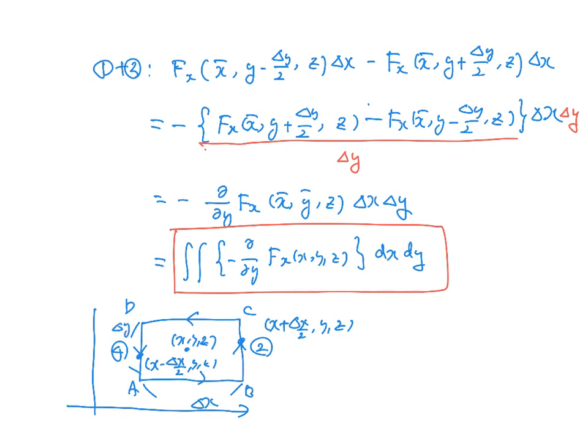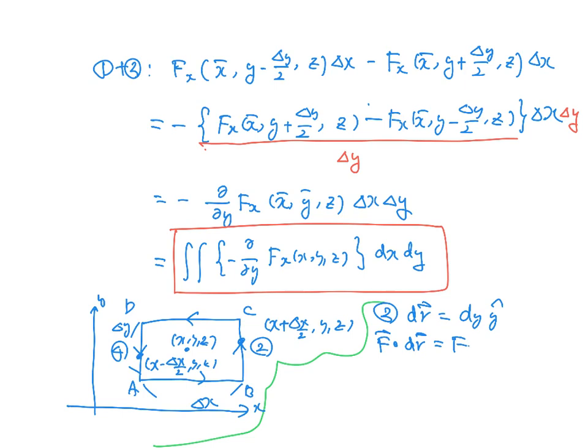So along 2, dr will be in which direction? Going up, right? Going up in the y direction. So this is x, this is y, so this is dy in the y direction. So f dot dr is basically fy dy.